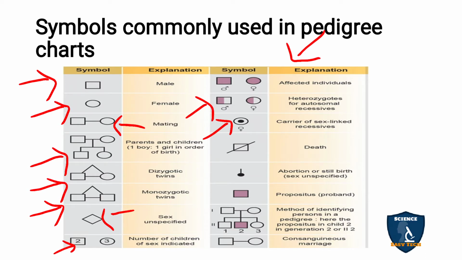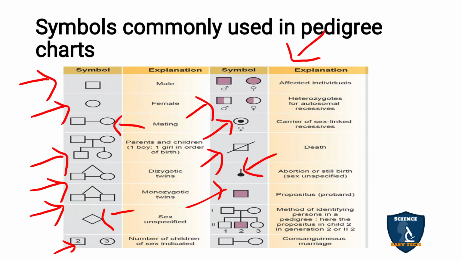A box with a line across it means death, and this symbol, which looks like an upside down bell pin, shows abortion. And this is the propositus type.